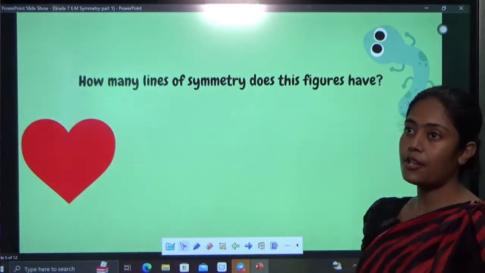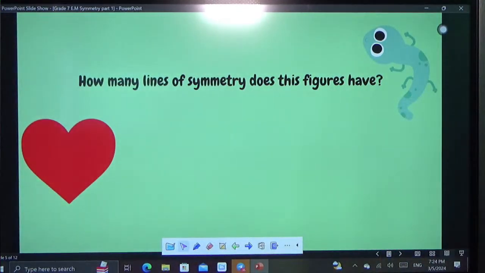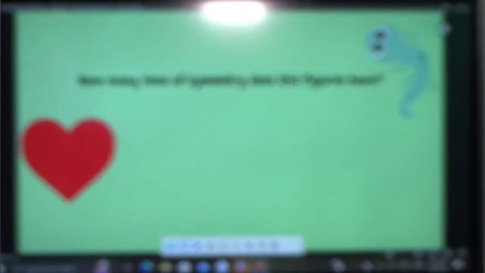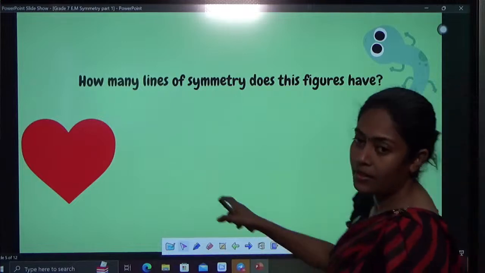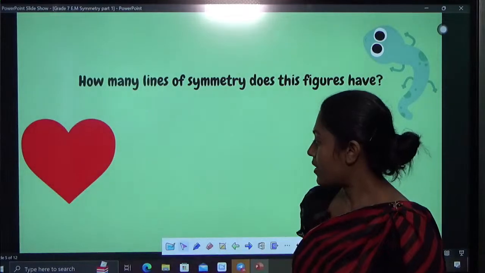First one, try to find. First one, you have a heart shape.